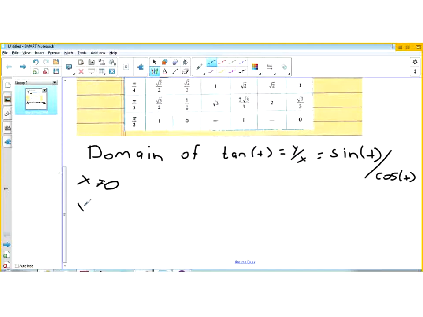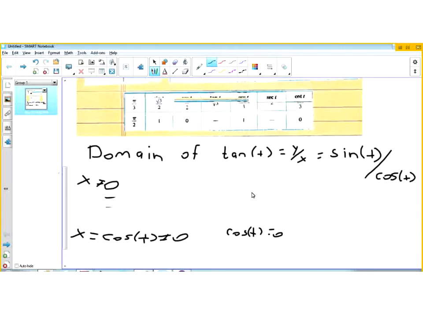But what is x? x is equal to the cosine of t, which can't be 0. All right, so the question is, where is the cosine of t equal to 0? And that will describe the domain for the tangent function.